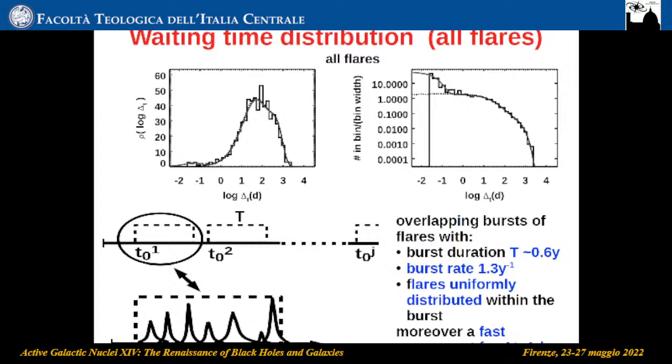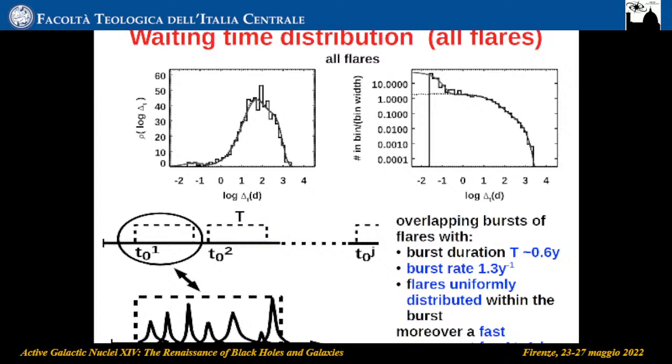So you can find a typical burst duration of 0.6 year and a burst rate of 1.3 per year. Of course, you have also another component there that is a fast component that acts for times that are shorter than 1 day, but is roughly defined with the sample that we have.